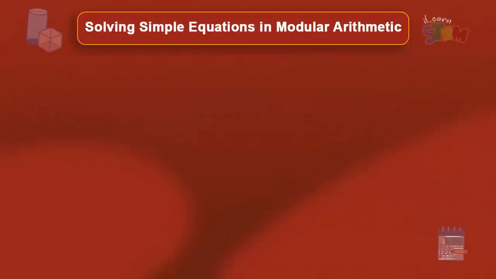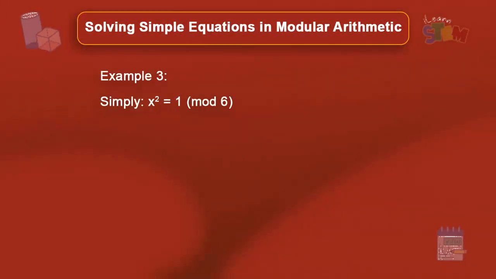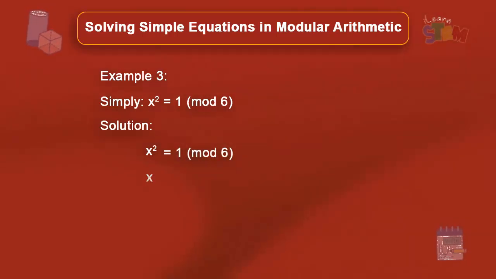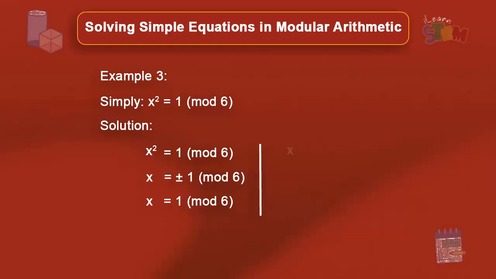Let us solve yet another one. Simplify, x squared = 1 in mod 6. Solution. x squared = 1 mod 6. Now, x will be equal to plus or minus 1. So, x = 1, or x = -1. But -1 is a negative number.